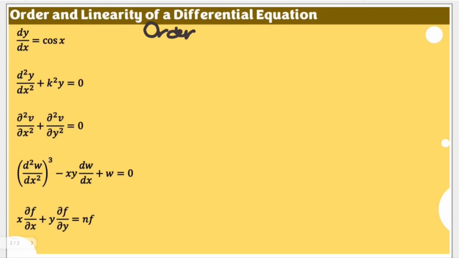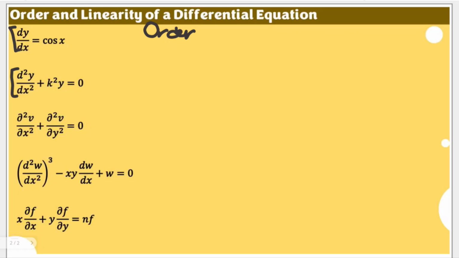We can examine the order of our differential equation by looking at the expression, just like this one here, the type or the order of the derivative of a certain dependent variable with respect to its independent variable or variables if there are. So let's start with the first expression.